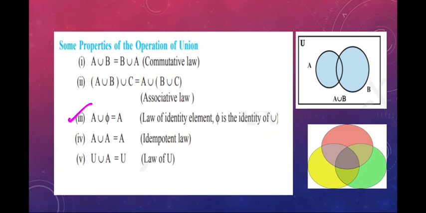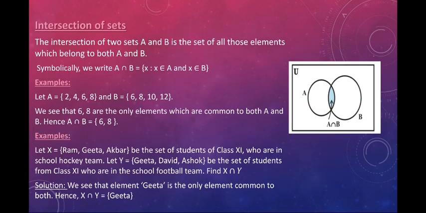This is the third point. If you do the union of A with A itself, it will be equal to A, and universal set union A is equal to the universal set. Just try to remember these 5 formulas.